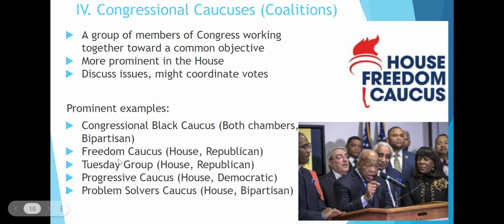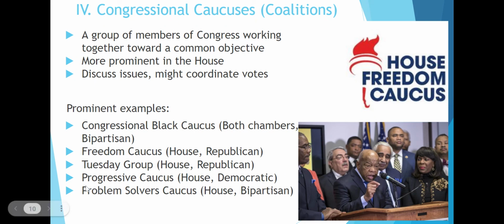In the House, you've got the House Freedom Caucus, which is a very, very conservative caucus in the House. They tend to be kind of a thorn in the side of the Republican leadership in the House. Then you've got the Tuesday Group, which is also a Republican group, but they're much more moderate in the House. And I'm sure you can guess which day of the week the Tuesday Group likes to meet on.